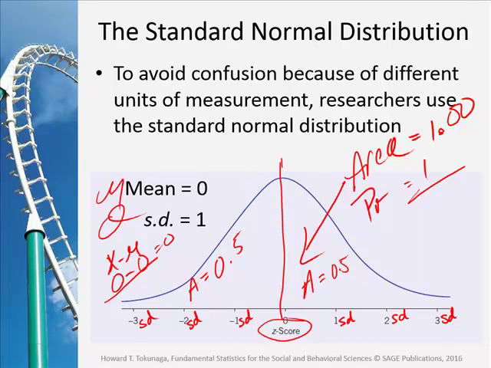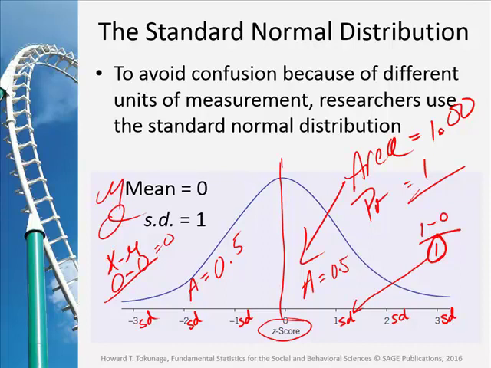If you do the math real quick, 1 minus 0 divided by 1 standard deviation is 1, okay? So whatever this number is down here, that's going to be the distance away from the mean. Okay.